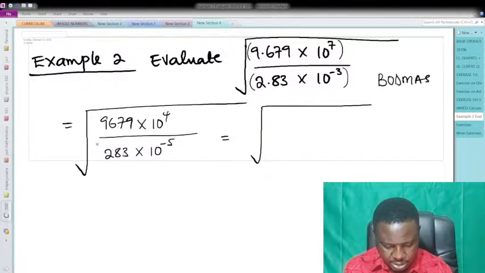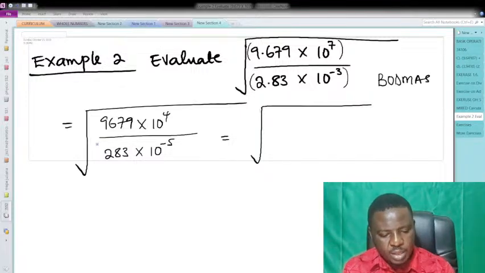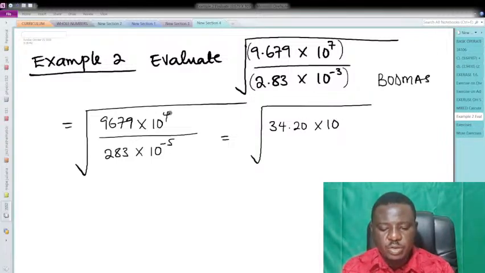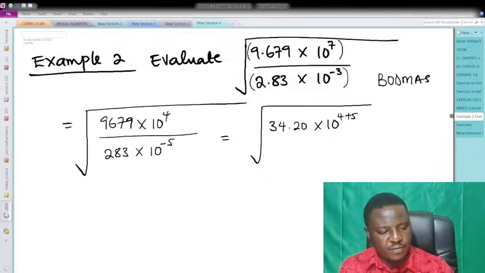9,679 divided by 283 gives me approximately 34.20 times 10 raised to the power of 4 minus 5, which becomes 10 raised to the power of 4 plus 5.